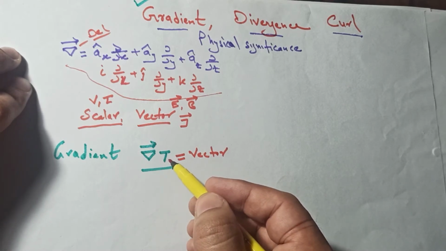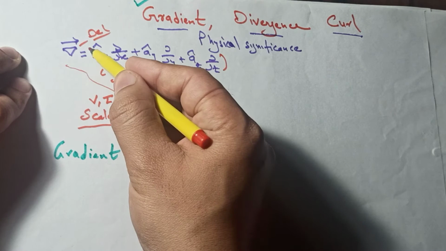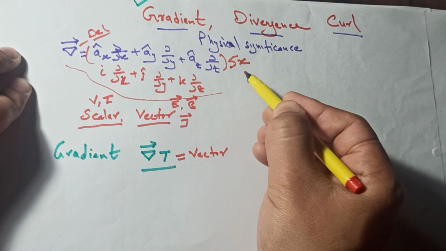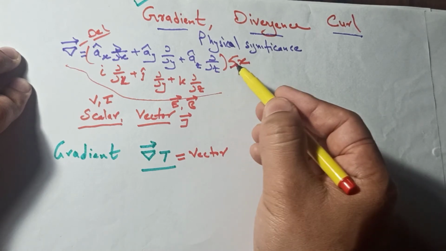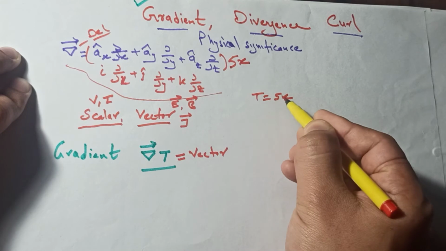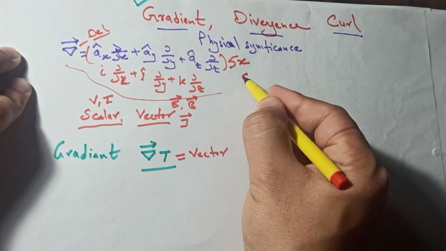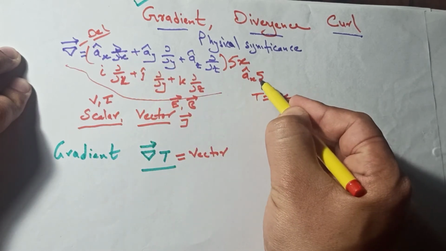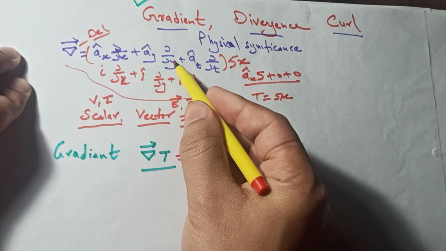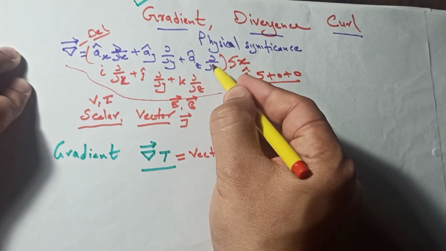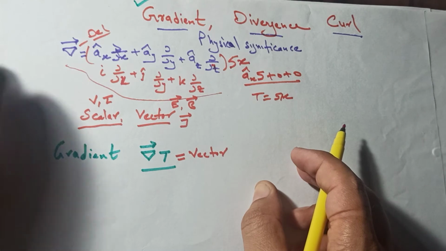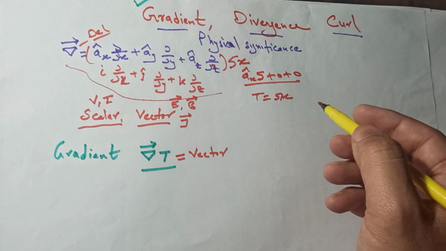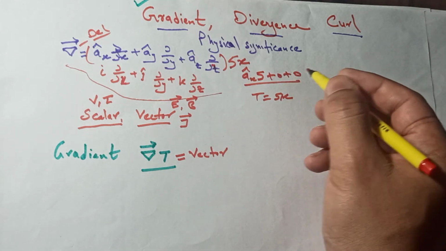Let us say the temperature is 5x. What will be the value? Only the ax component, ∂/∂x of 5x, will be 5, plus 0 plus 0, because ∂/∂y and ∂/∂z give 0.